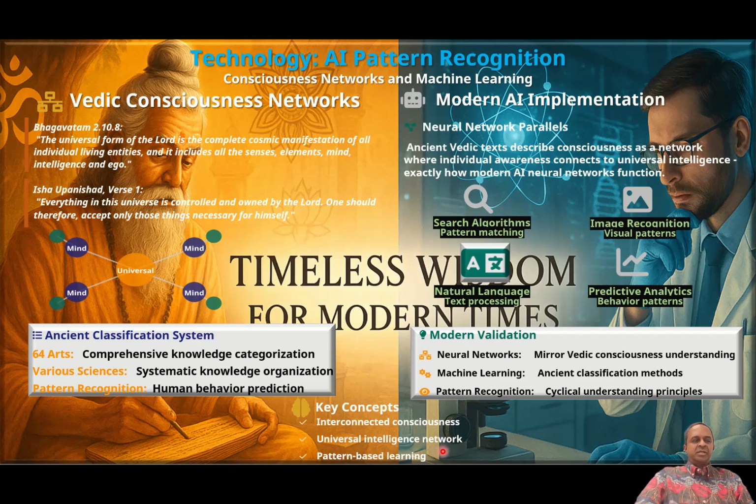And pattern-based learning, recognizing underlying structure, something you learn in NLP, natural language processing. The remarkable truth is that ancient consciousness network principles often outperform purely mechanical AI approaches because they work with the fundamental patterns of intelligence rather than against them.